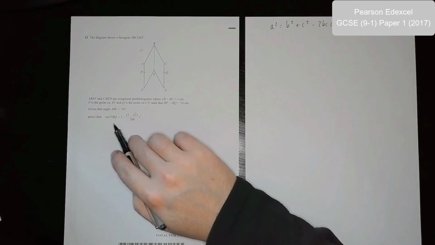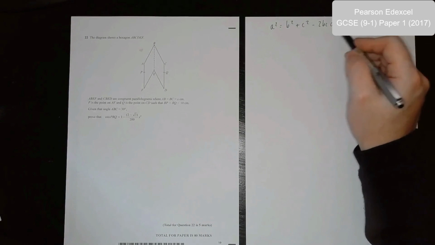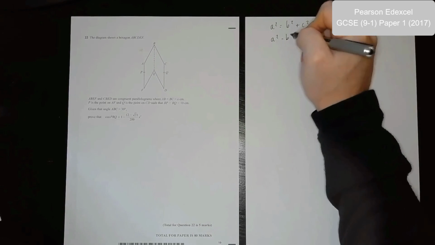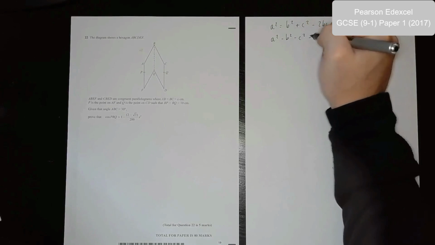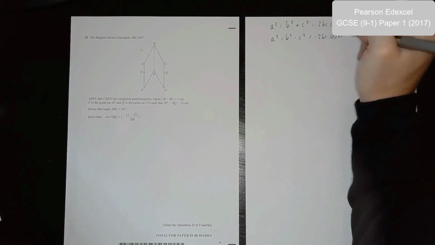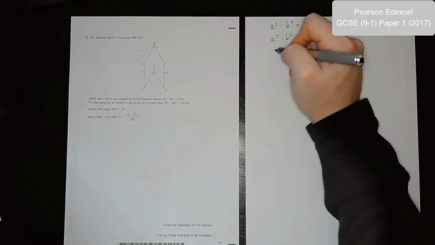And since we've got cos PBQ, let's make cosine of the angle the subject of the equation. So let's subtract b squared and c squared both sides. And then divide by minus 2bc.